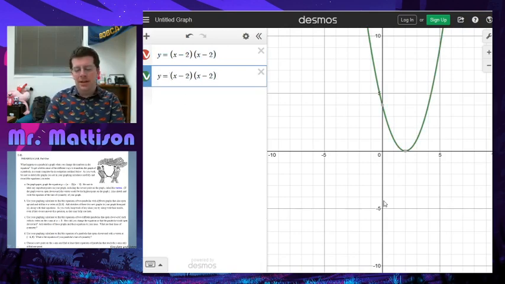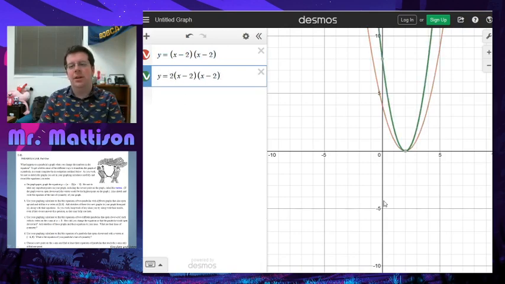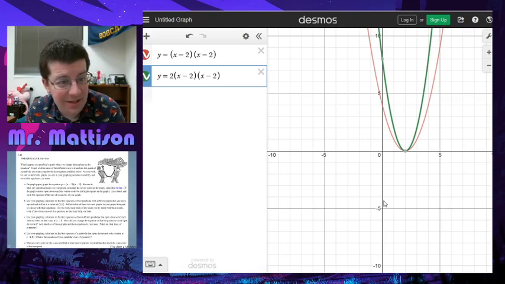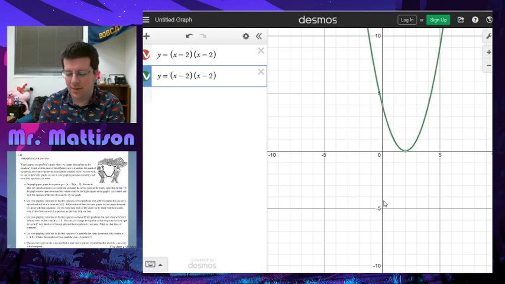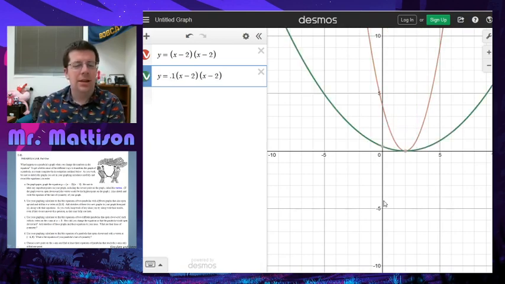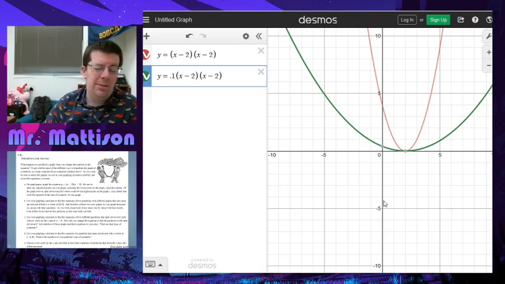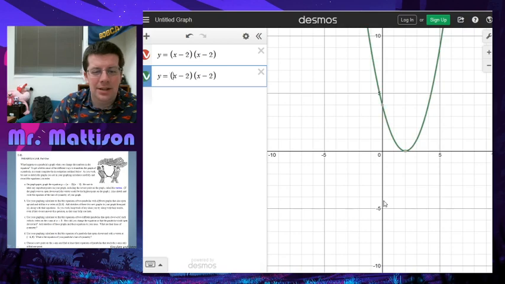If I multiply on the outside of it, like let's say I put a 2 here, now my green graph is different. I could also make it a 3, a 5, or a 0.1. You can multiply anything on that outside and it's going to have that same vertex, but it's going to be a different graph.